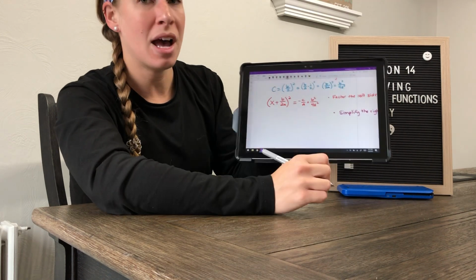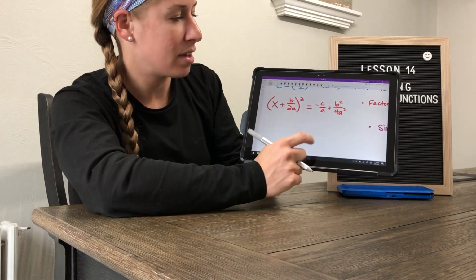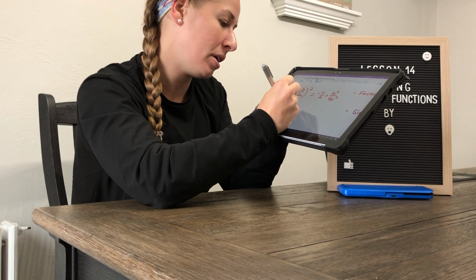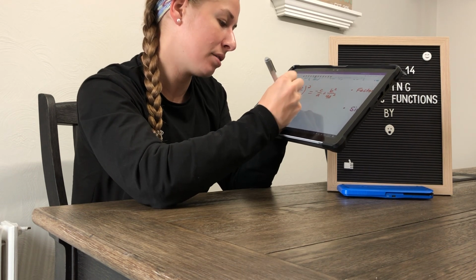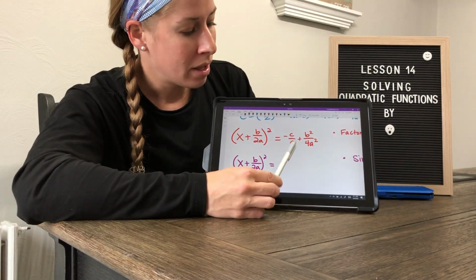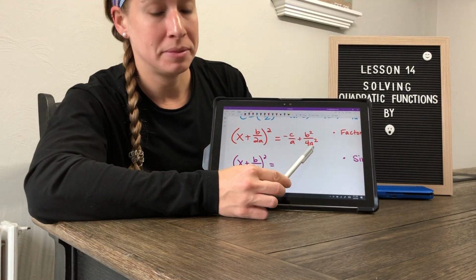So I'm just going to recopy the left side since we just factored that. So we've got x plus b over 2a squared. And we're simplifying the right side. So we have a fraction plus a fraction.